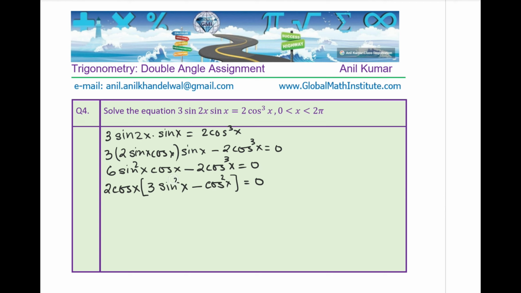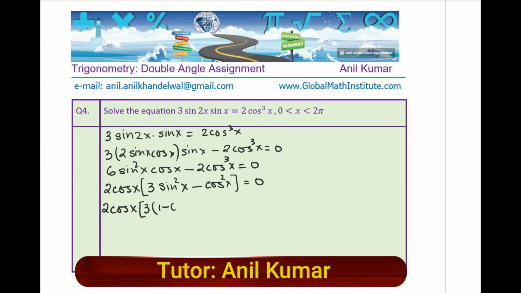So here we can write sin square x as 1 minus cos square x, and then we'll simplify the other factor. So we get 2 cos x, 3 times 1 minus cos square x minus cos square x equals 0.